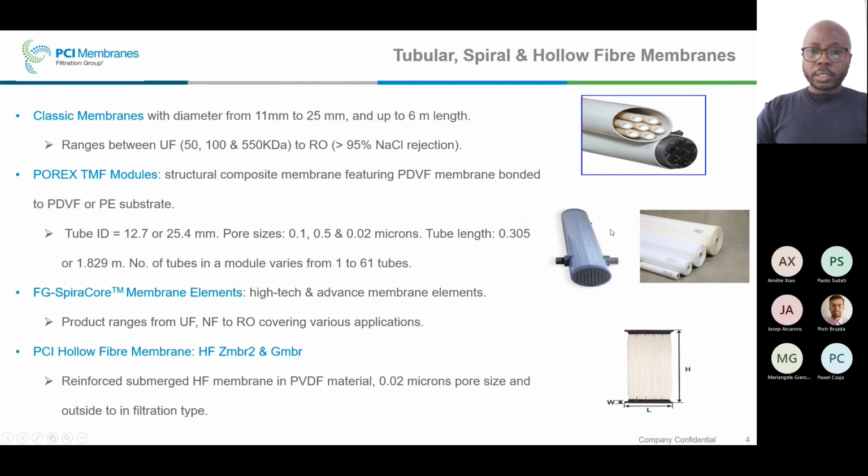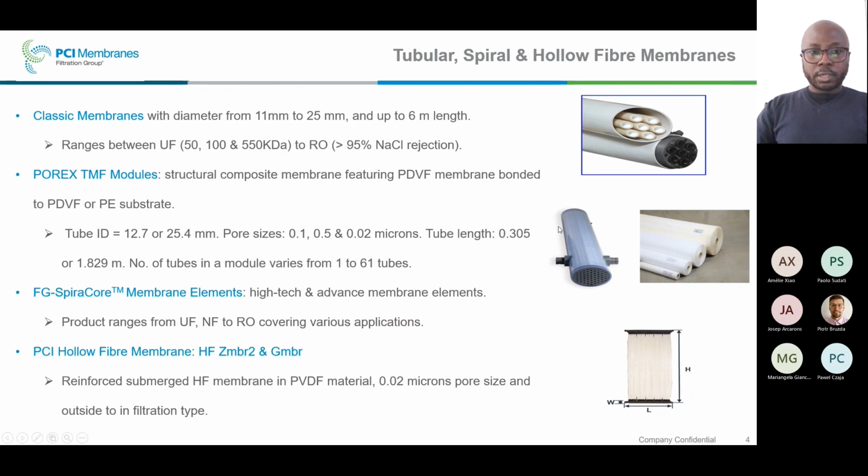And this membrane could be supplied in various lengths, either 0.305 or 1.829 meters. And then they could be configured into a number of membrane tubes to form a module. The maximum that we have available is in the region of 61 tubes, obviously giving a higher membrane area.